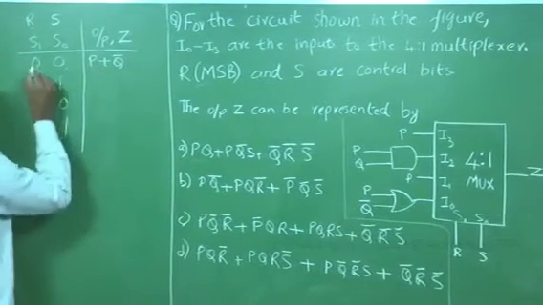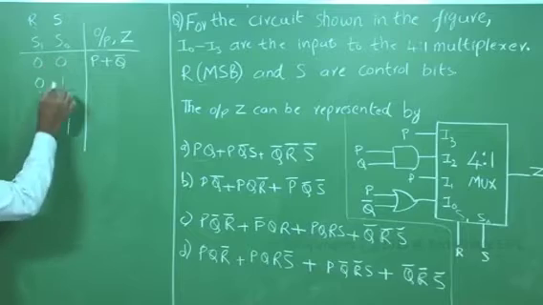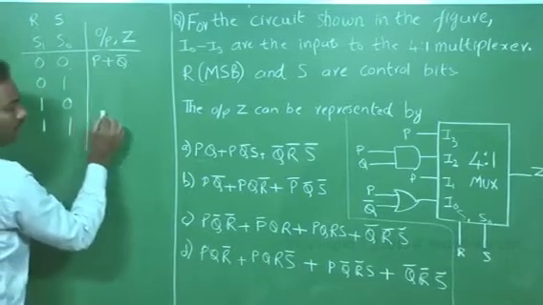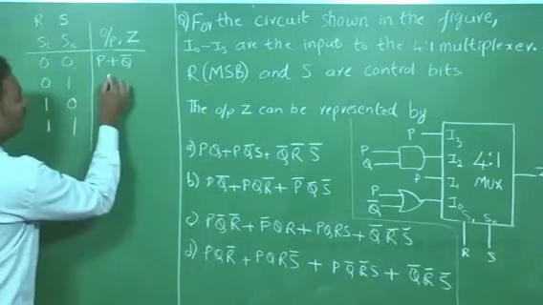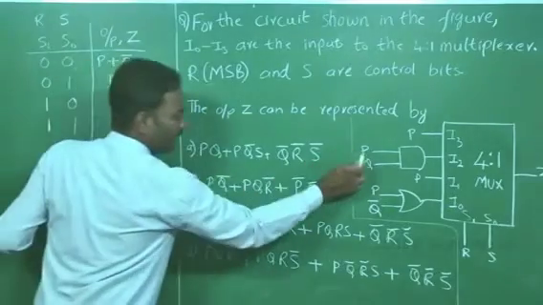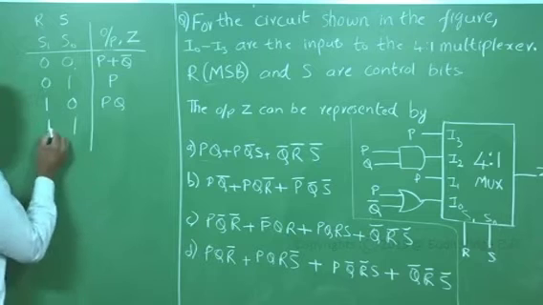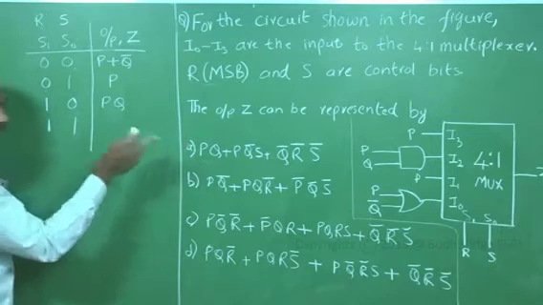And next, for R bar S, that is 0 and 1, the output is I1, which is tied to P. Next, RS bar, the output is P and Q because this is an AND gate. And for 1 and 1, the output will be I3, which is again P here.